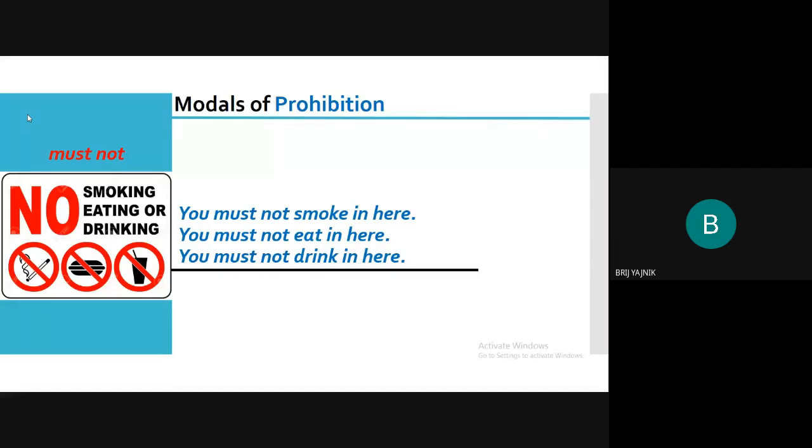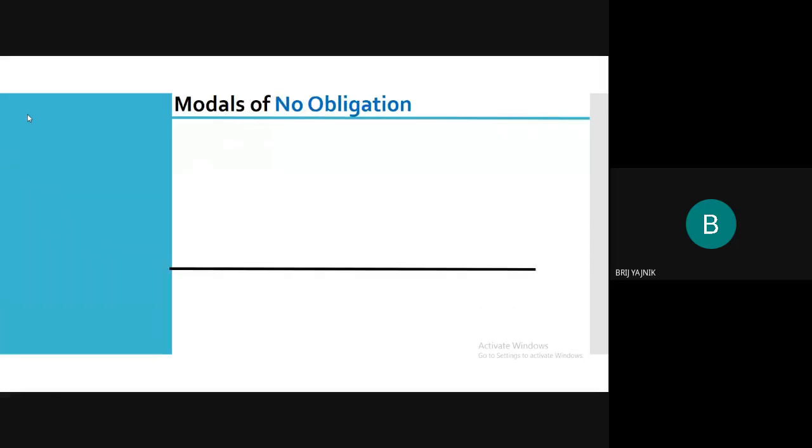Now there is one more side of obligation, and that is no obligation. इसको भी हमें समझना होगा कि what is no obligation. So let me ask you a question. What do you think a no obligation means? Yes, what do you think?